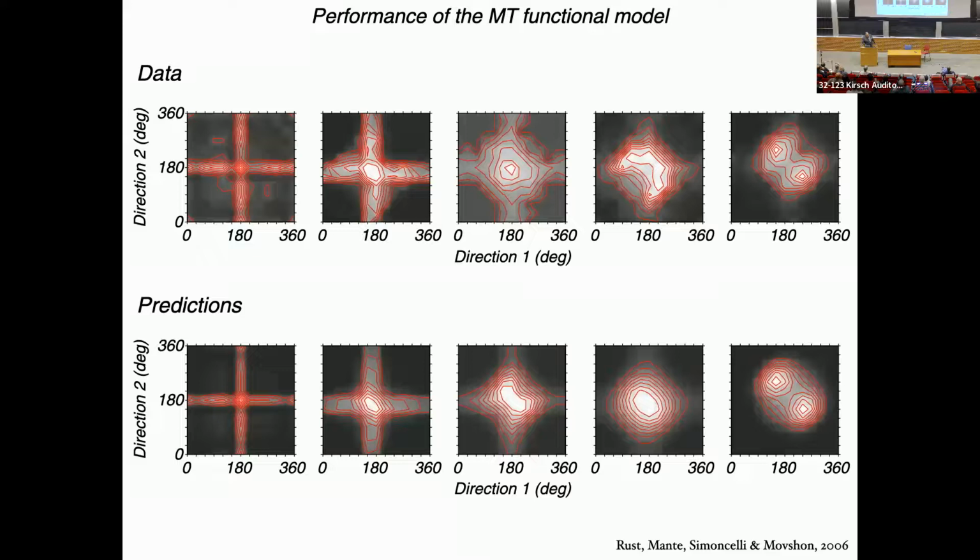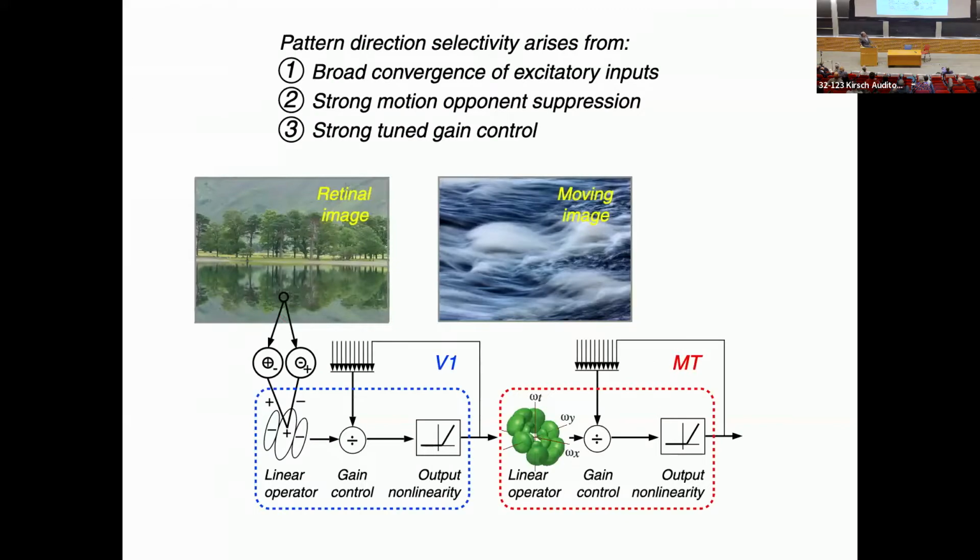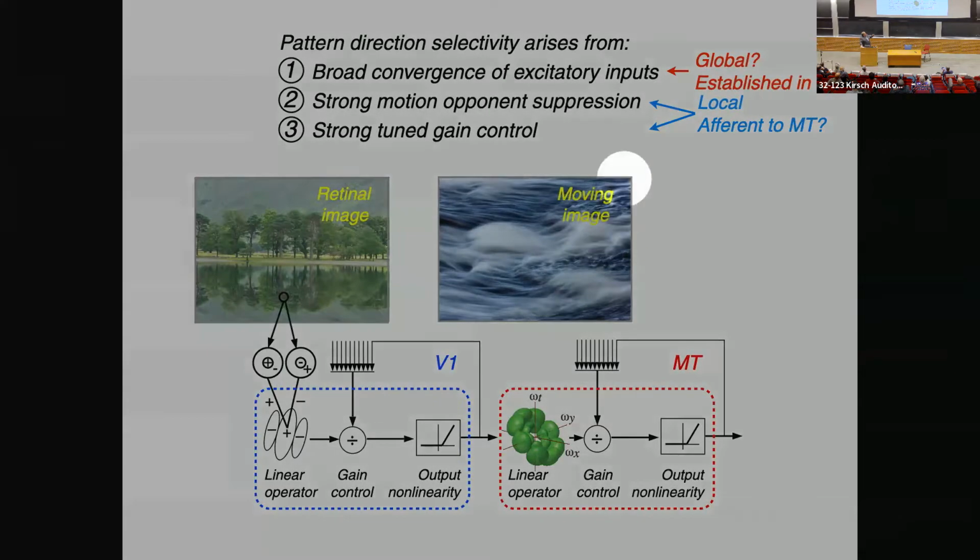And the bottom line on that is that the model actually does a nice job of accounting for the properties of these cells. Because I only have 1 minute and 15 seconds left, I will skip the details of why this should be so, and simply say that what this model and its fitting has turned out to reveal to us is something which I think has general importance and general interest for many kinds of transformations of information as they go from the striate to the extrastriate visual cortex, which result both from local properties of cells in the input.